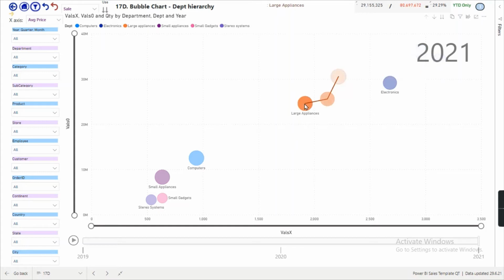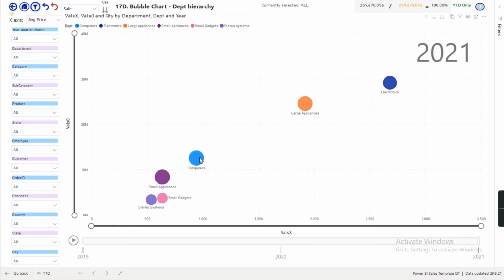Large appliances, the second department, it looks nearly the same, going down, and even if it's decreasing prices, nothing is helping. That's interesting. Electronics first increased average price, but it didn't help to make more sales, so it decreased it because of competition.